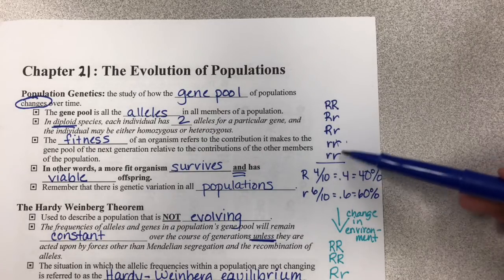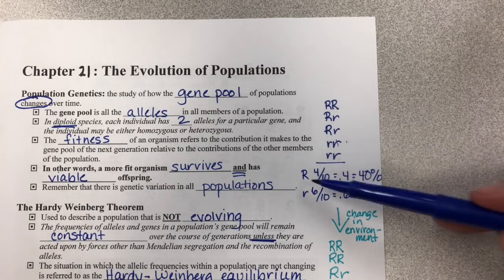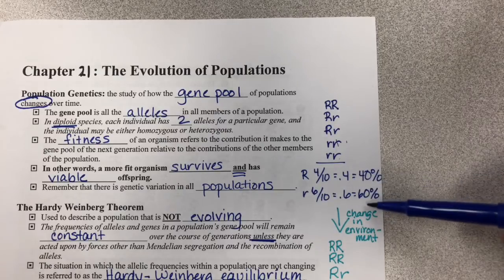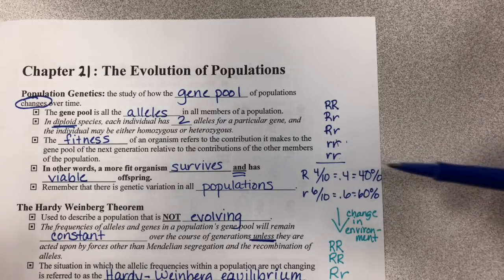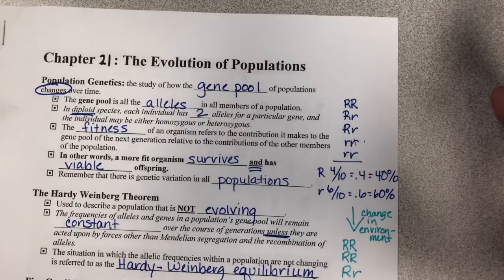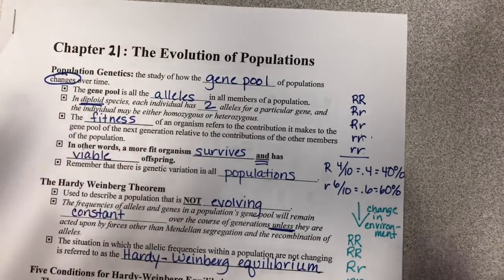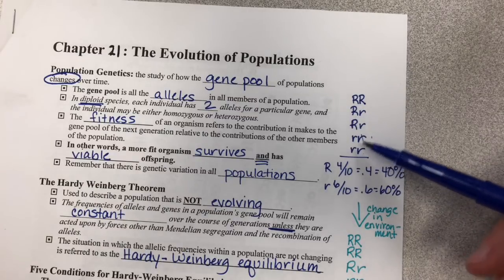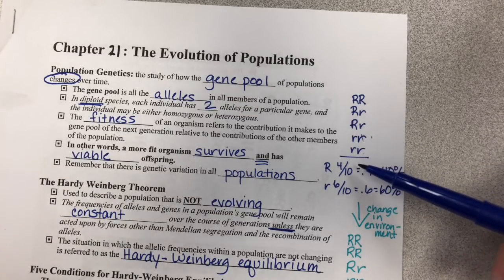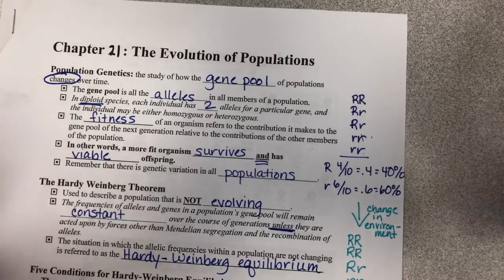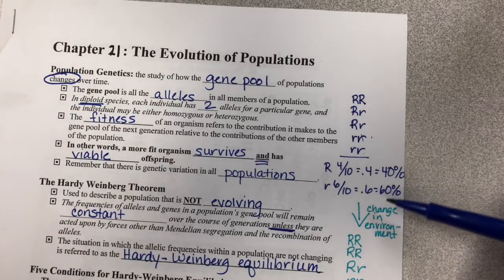Since that's such a big percentage of the population, the percentages of big R and little r would change just due to chance. The larger the population, the less likely that scenario would happen. If 2 little r individuals die out of a population of 1 million, it's not going to change the frequencies of big R and little r that much.